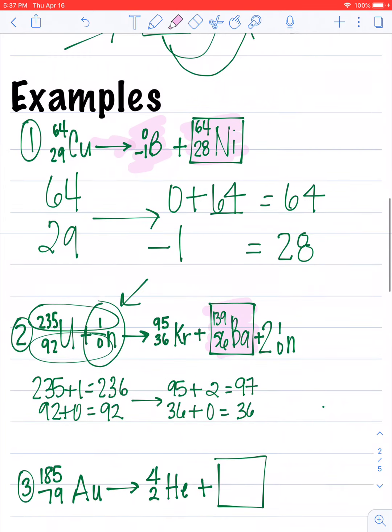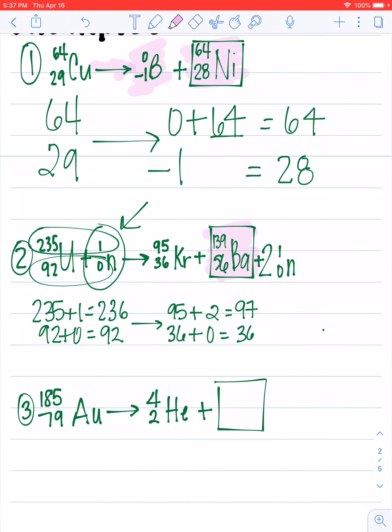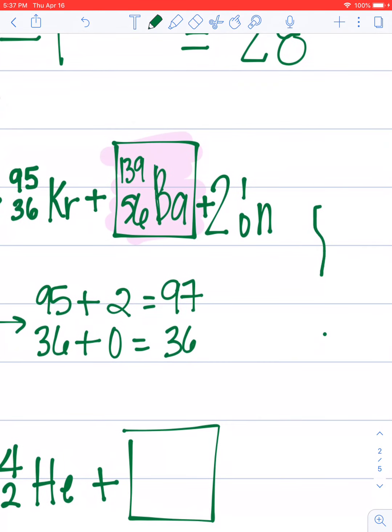Oh, by the way, is this a fission, fusion, or a decay problem? It looks like uranium is being bombarded with a neutron and then it's being split into two smaller nuclei. So hopefully you're getting the idea here that this is going to be a fission problem.